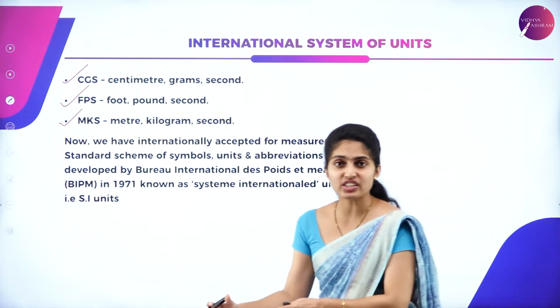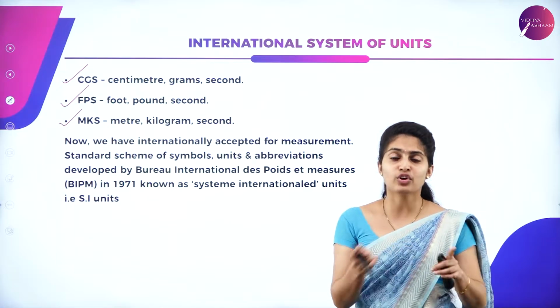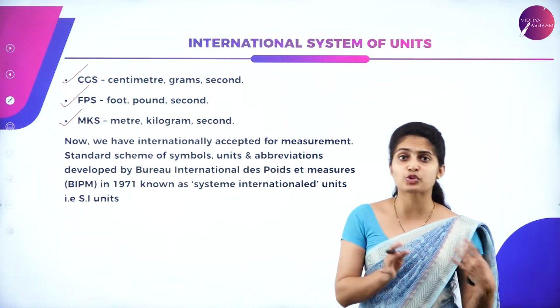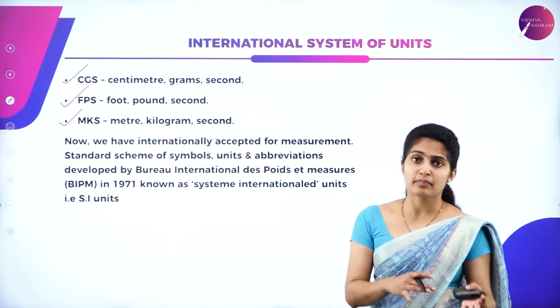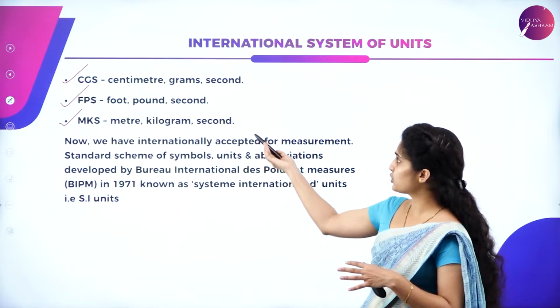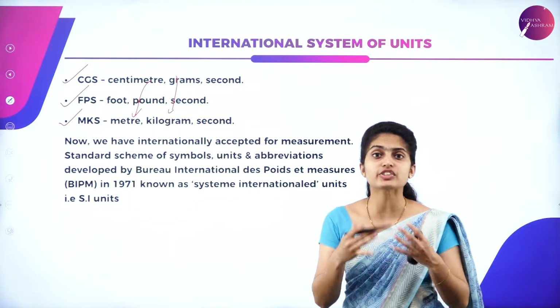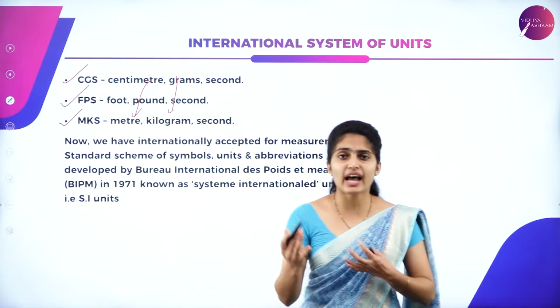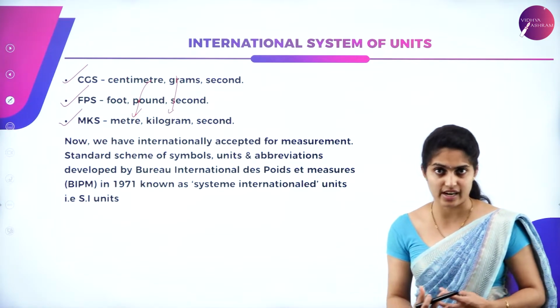Suppose a result was given in the CGS system and the other country used MKS, they found it tough to convert from grams to kilograms, from centimeter to meter, and from seconds to second. Okay, that used to be very difficult for other people to learn and understand.